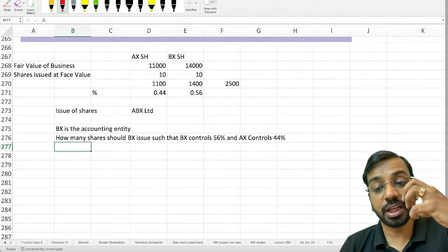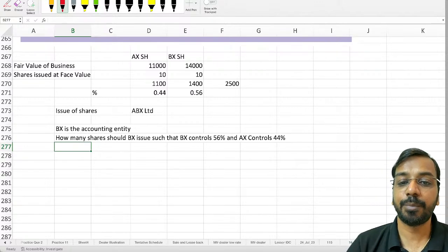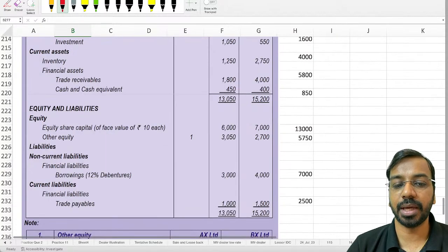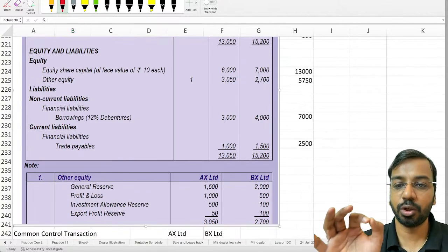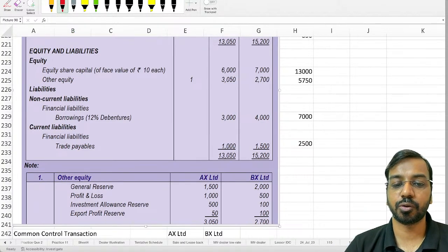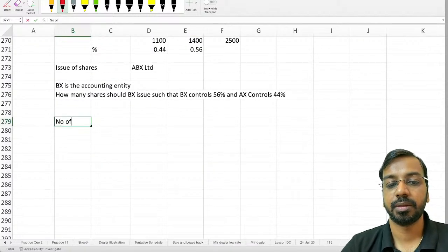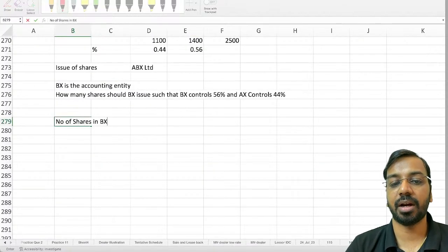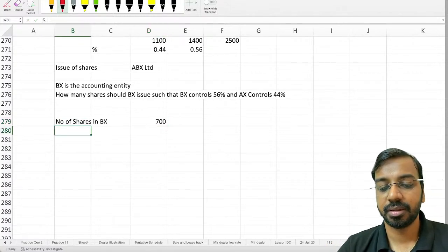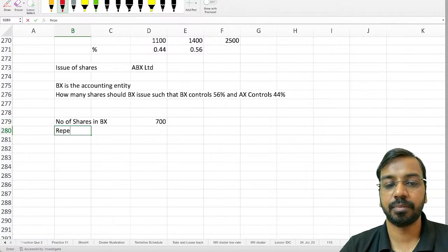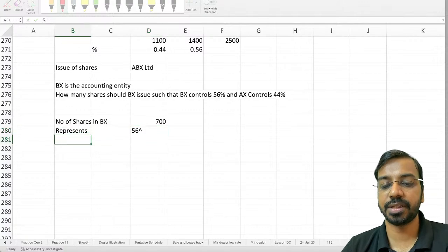What we are saying is, we need to give 44% stake to AX Limited. Now, if you come back to the balance sheet of BX, it currently has 7,000 in total value, that is 700 shares. So the number of shares in BX is 700, and this represents 56%.